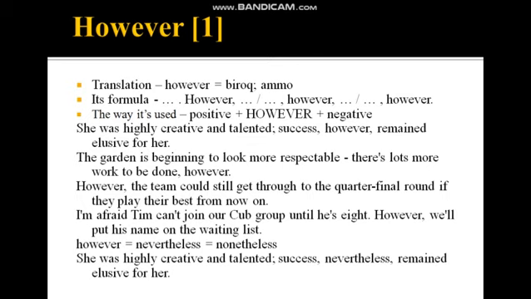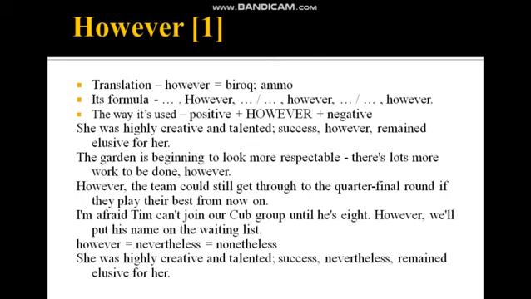Okay, so: she was highly creative and talented. Success, however, remained elusive for her. While the garden is beginning to look more respectable, there is lots more work to be done. However, see guys, we've got two sentences right here, and the first sentence shows us the way however should be used.